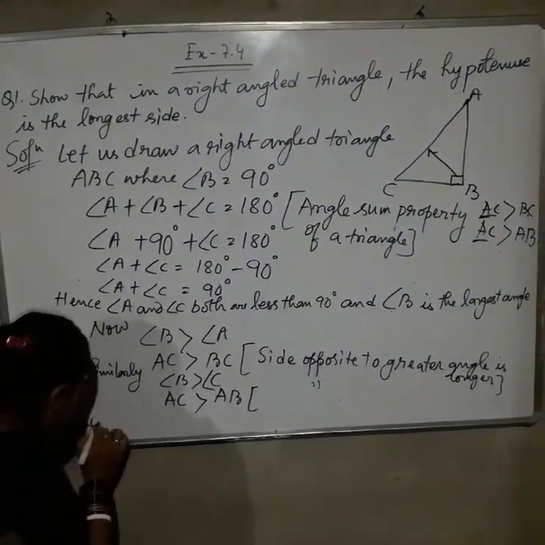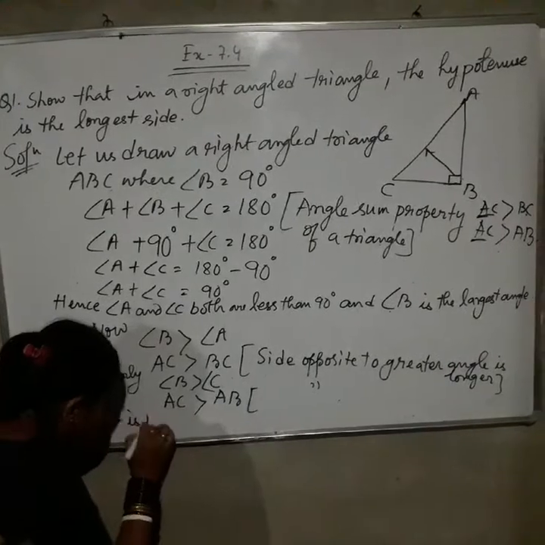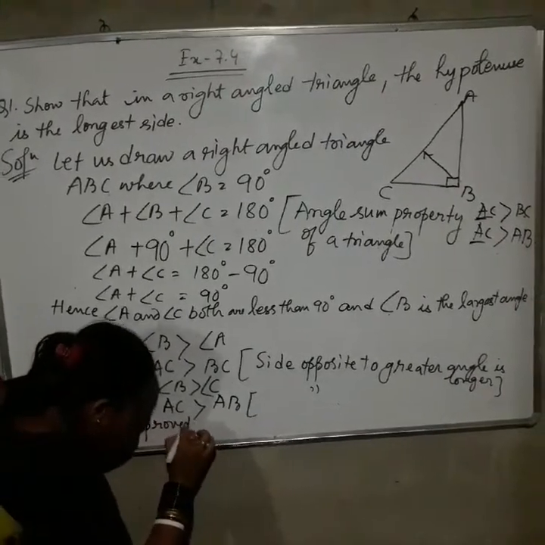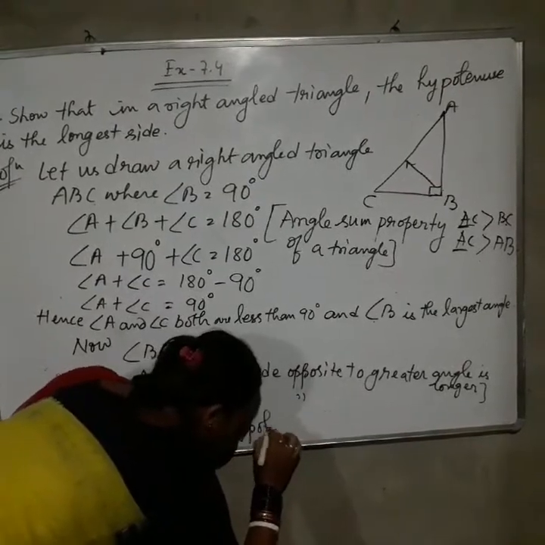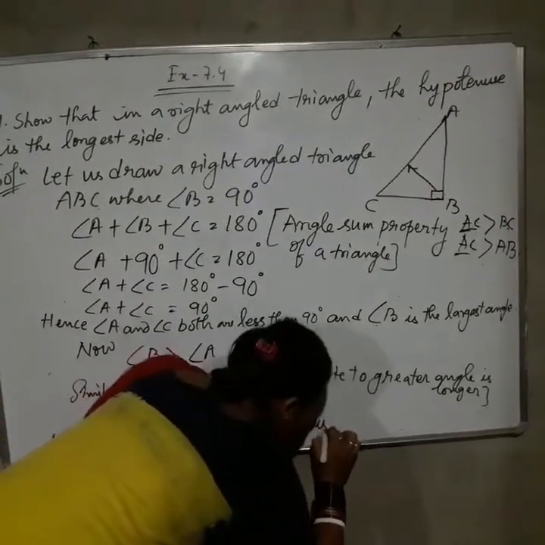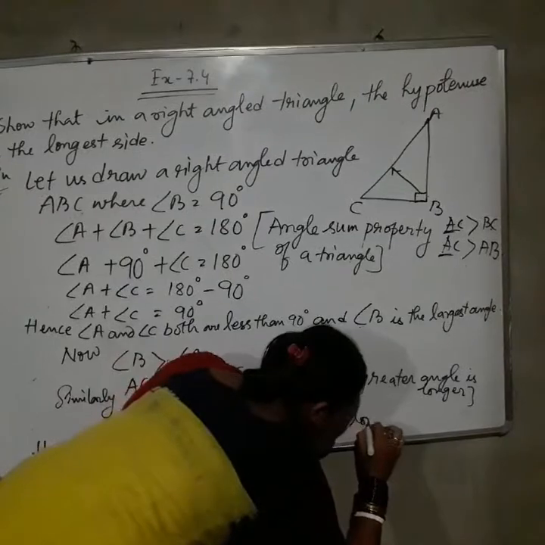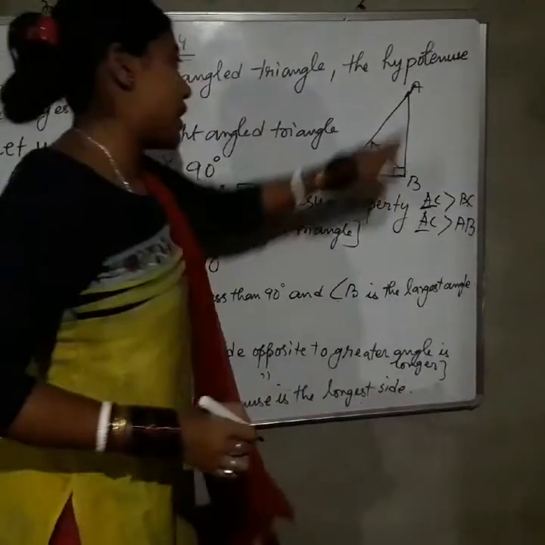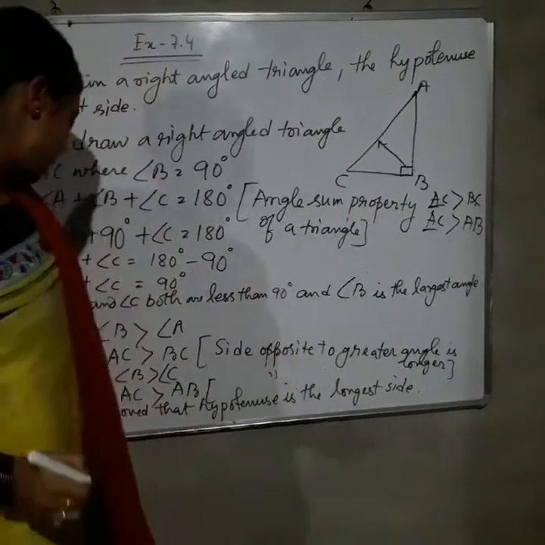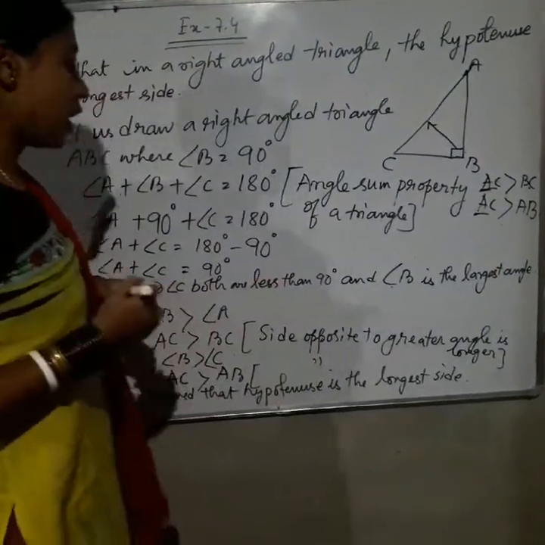Hence it is proved that the hypotenuse is the longest side. Since AC is the hypotenuse, it is proved that the hypotenuse is the longest side.